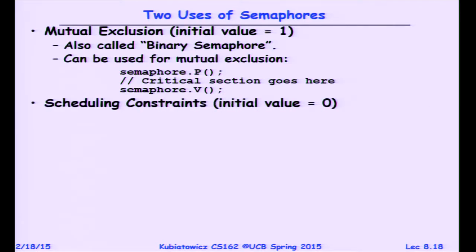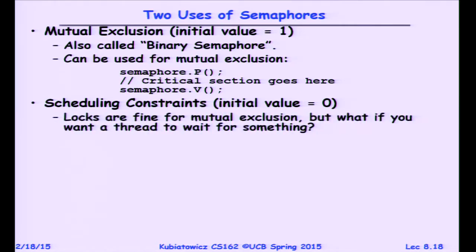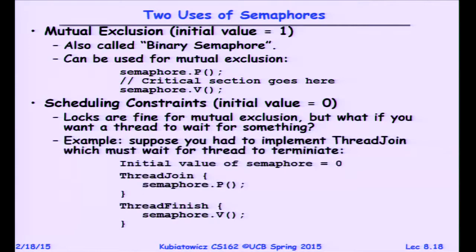Okay? Here's another completely different usage. Here's a scheduling constraint. I set the value to 0. We just said this a moment ago. Locks are fine for mutual exclusion, but what if you want somebody to wait for something? Here's a thread join and a thread finish. The parent executes a P operation, then the child on its way out executes V, thereby waking up the parent.